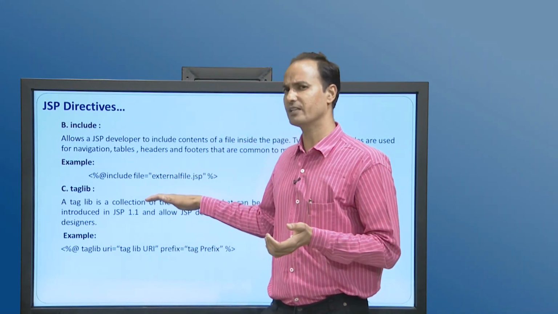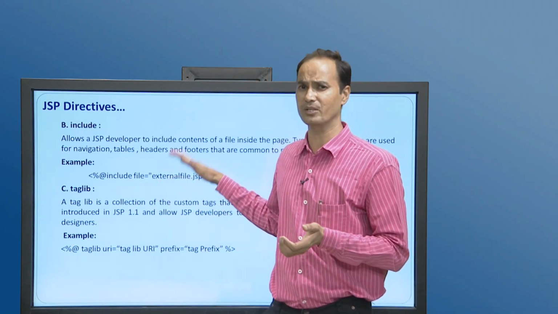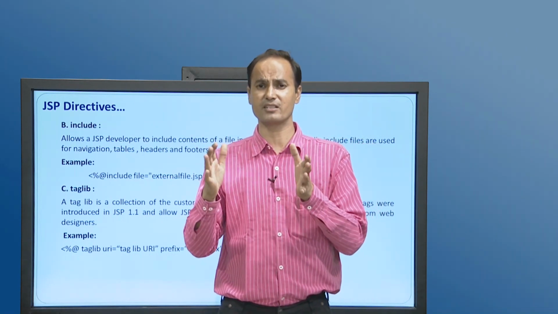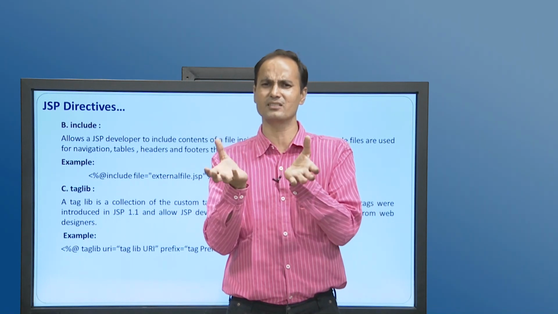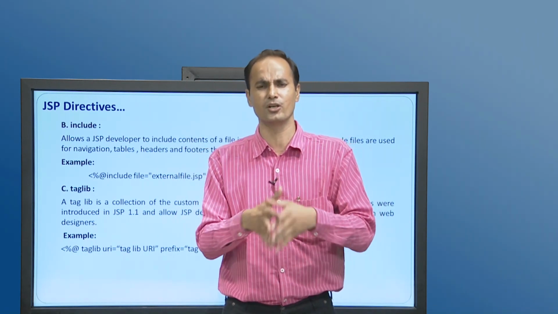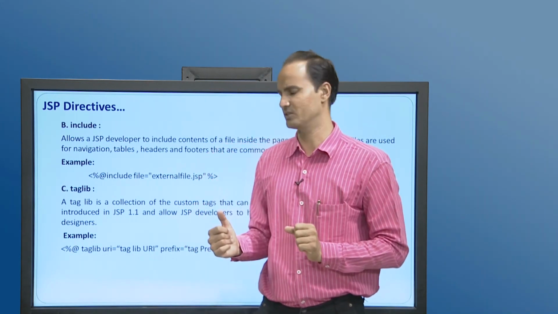But the taglib directive is very important, and it provides a number of functionalities with built-in URIs. URI stands for Uniform Resource Identifier. It is a library of functionality that you can directly plug into your JSP application and access using the prefix.